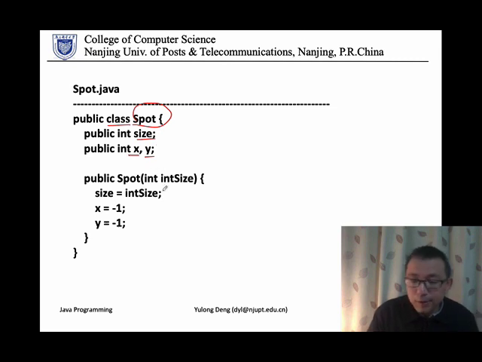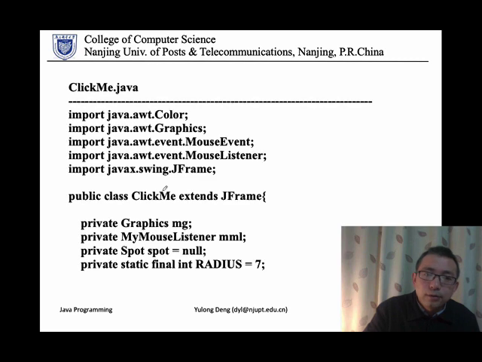That's the Spot class, and we define a class named ClickMe. It's our main class, and between ClickMe and JFrame we have an inheritance relationship. So we use the keyword extends to describe this relationship.